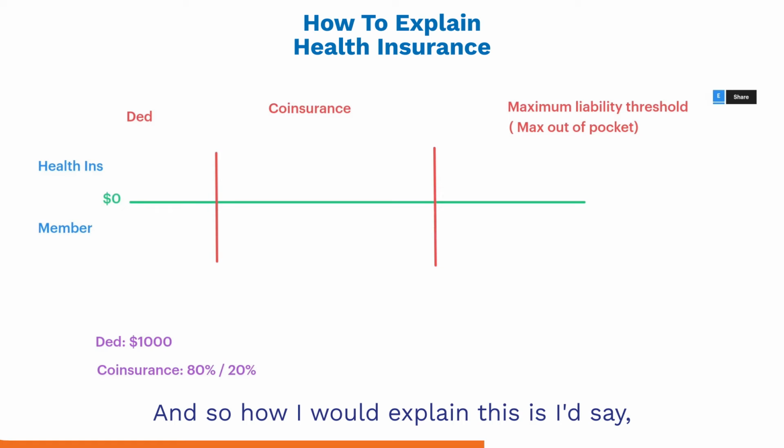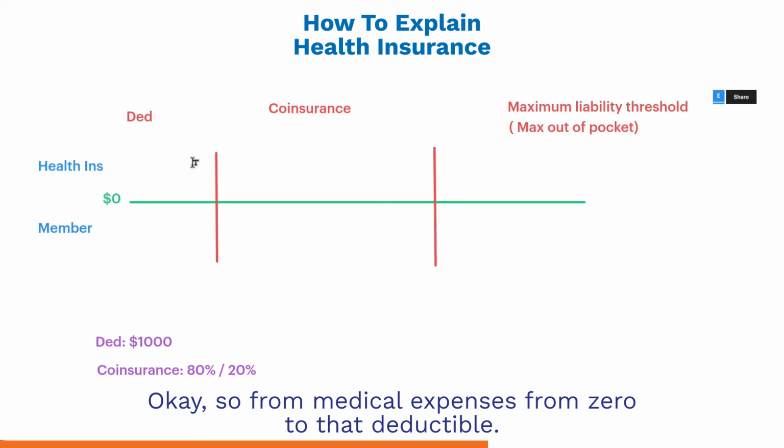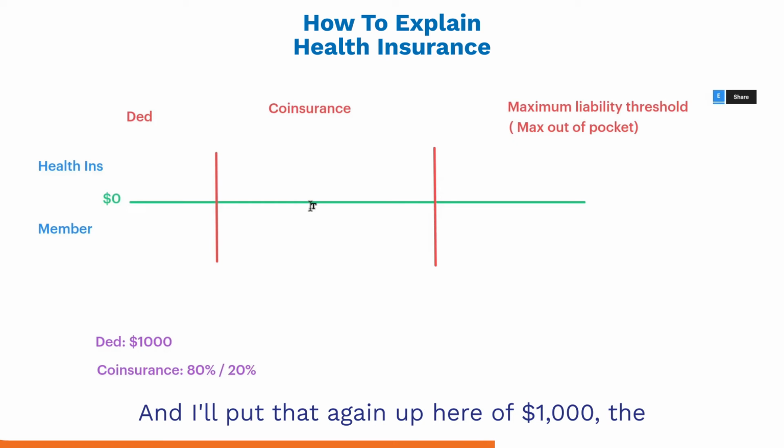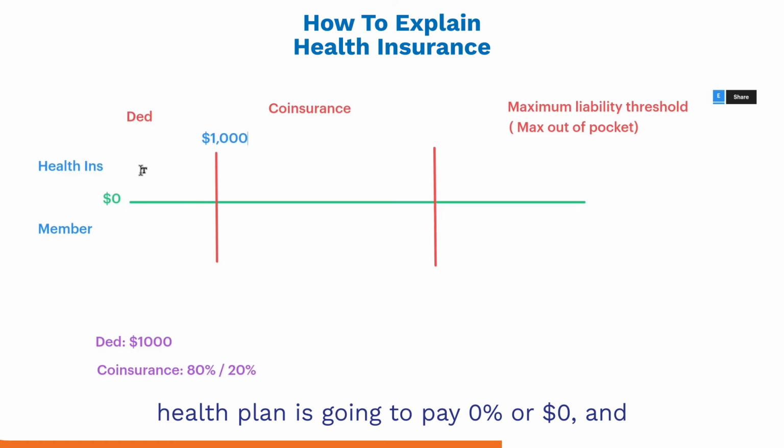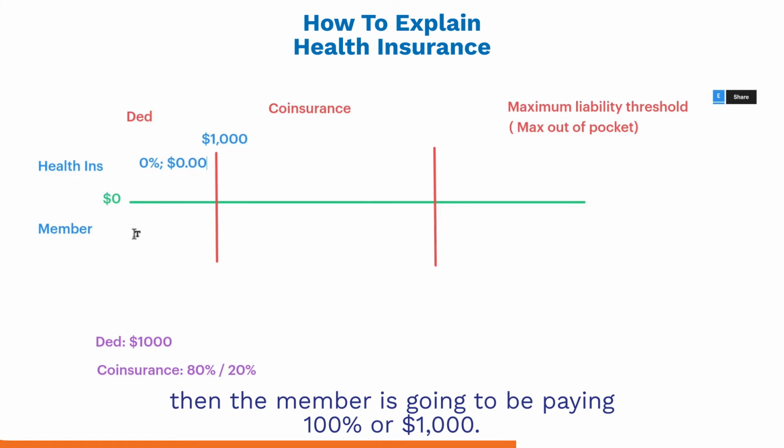And so how I would explain this is I'd say, okay, so from medical expenses from 0 to that deductible of $1,000, the health plan is going to pay 0% or $0. And then the member is going to be paying 100% or $1,000.